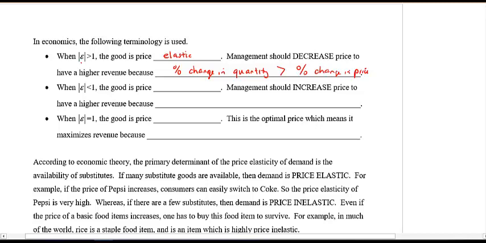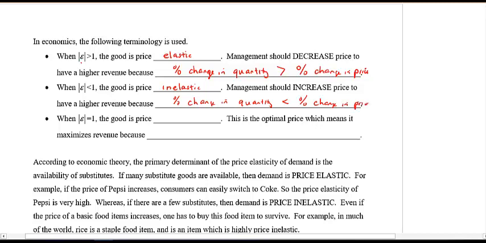When this value is less than 1, the economic term is called inelastic, and management then should increase the price to have higher revenue because in this case the percentage change in quantity is actually less than the percentage change in price.